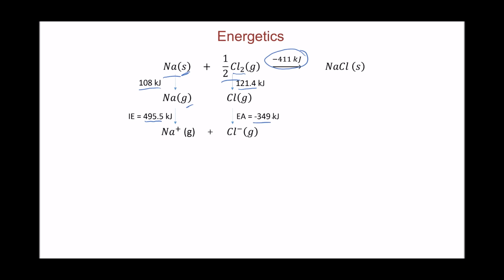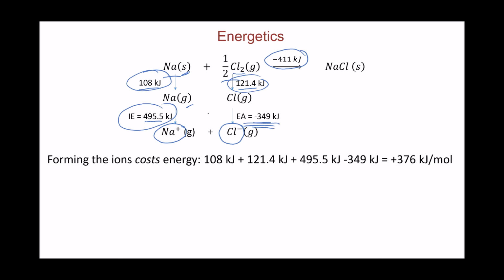However, we have 3 steps that require energy and 1 step that produces energy. So overall, until you reach the point where you have positive sodium ions combined with negative chloride ions, the energy change is going to be the sum of all these changes.